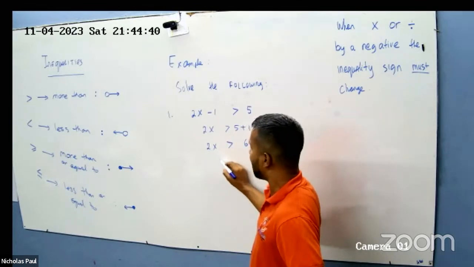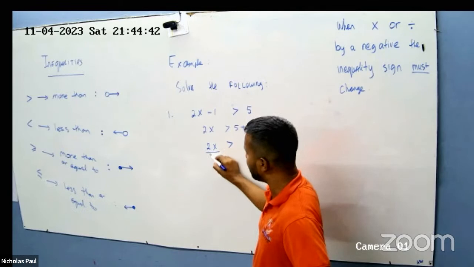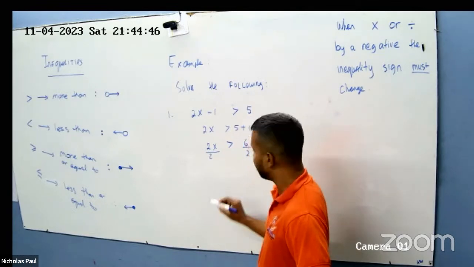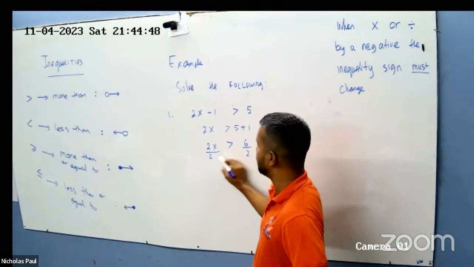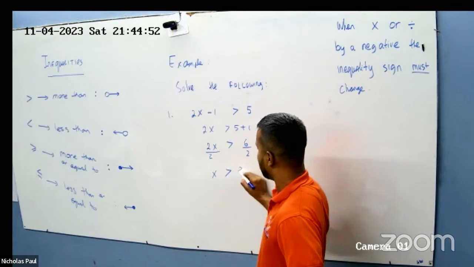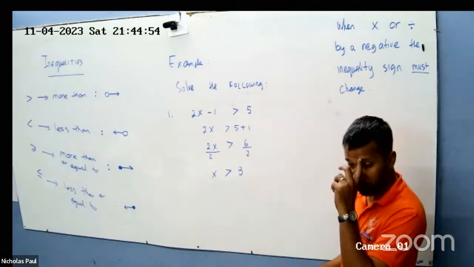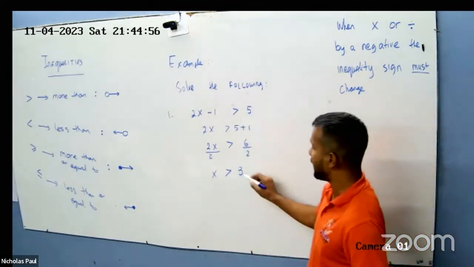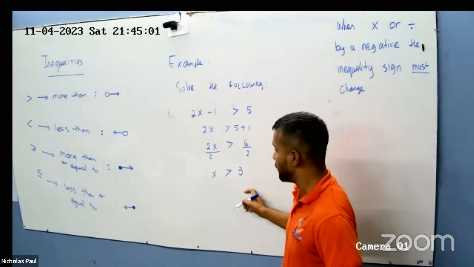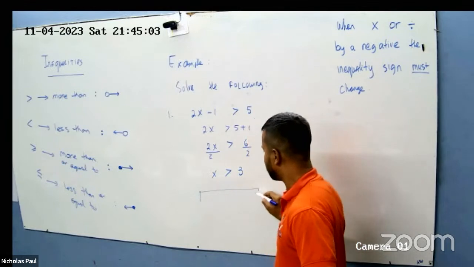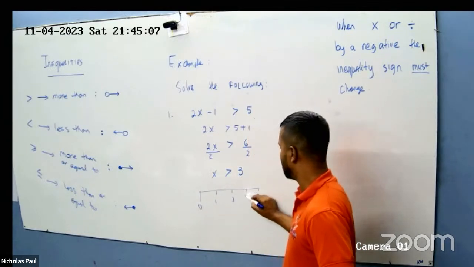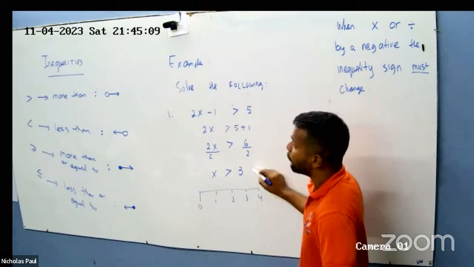Now we have to carry across the 2. We multiply by 2, or you can divide by 2, any one you want, right? Same thing. Notice it's a positive 2, so we're leaving the sign just as it is. So x is more than 3. That's okay? Are you okay with that? How do we show it in a number line? Just come to a little number line here. 0, 1, 2, 3, 4. More than 3.